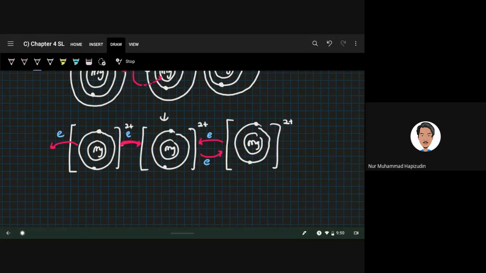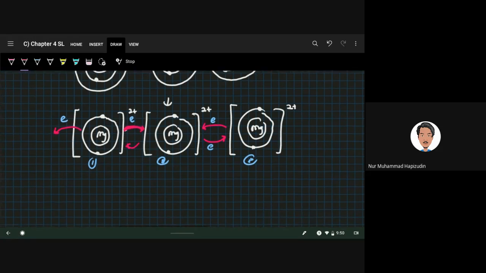Benda ni continuously. Ni nombor 1, 2, 3. Imagine valence electron from magnesium 1 go to the magnesium 2 and then from the magnesium 2 it jump to the magnesium 3. Dan it always moving. Benda ni berterusan. It not fixed at the position.